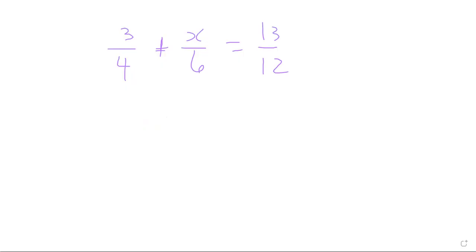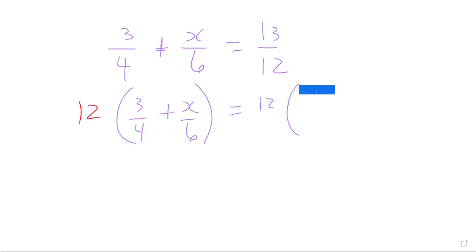So you do this, 12 times 3 over 4 plus x over 6 equals 12 times 13 over 12.